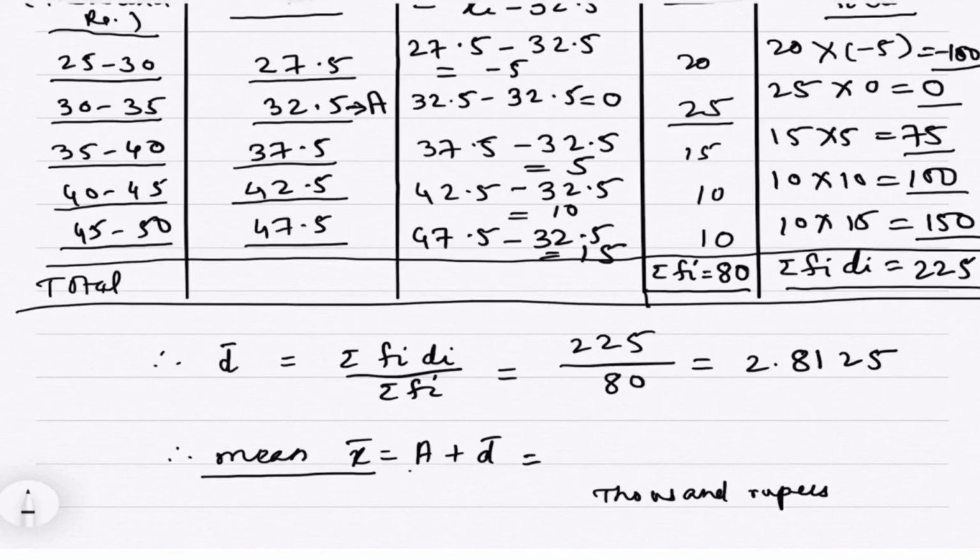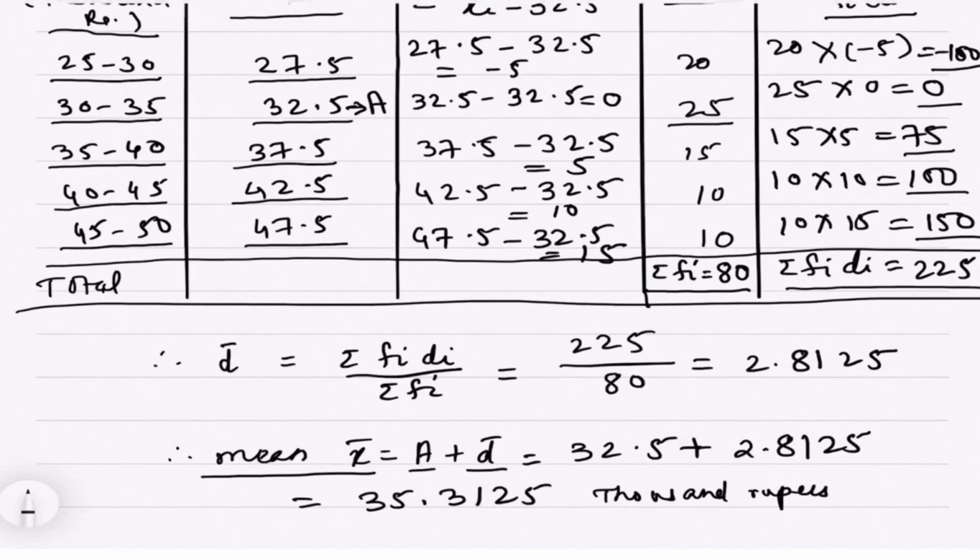It is assumed mean A plus d bar. So A was 32.5 plus d bar is 2.8125. This adds out to 35.3125. So the mean x bar equals 35.3125 thousand rupees.